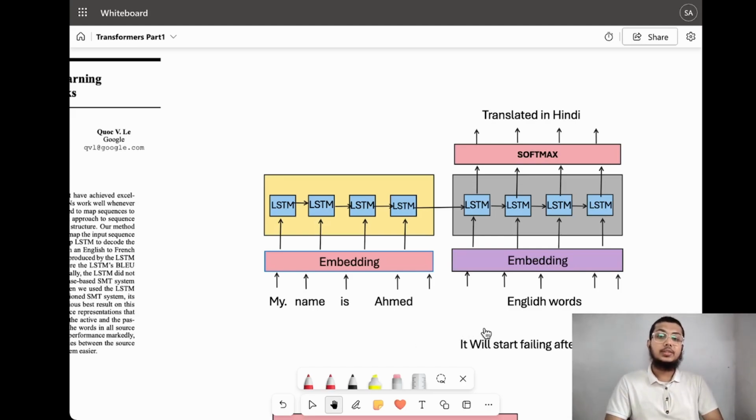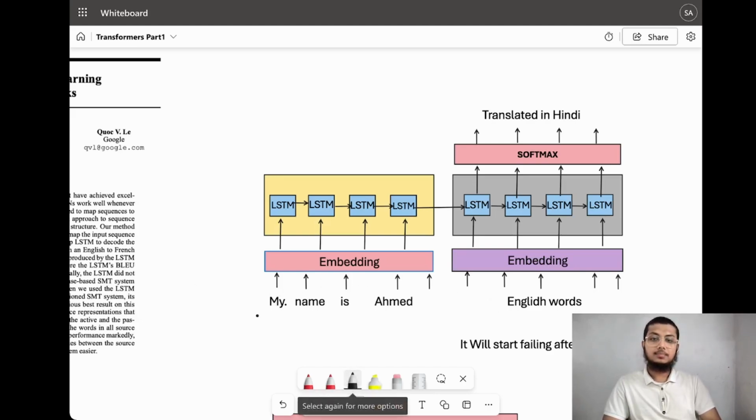It processes these words and goes forward while maintaining a hidden state, and as soon as it processes the entire sentence, it gives us a context vector. You can consider this context vector as a summary in which the entire sentence is hidden.